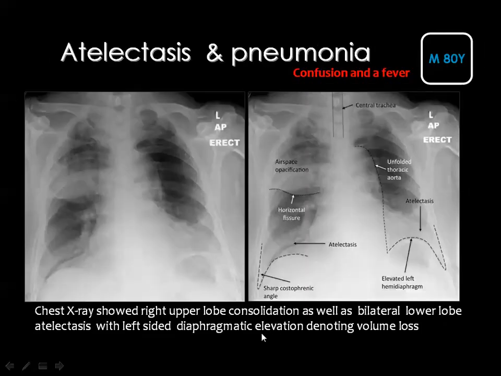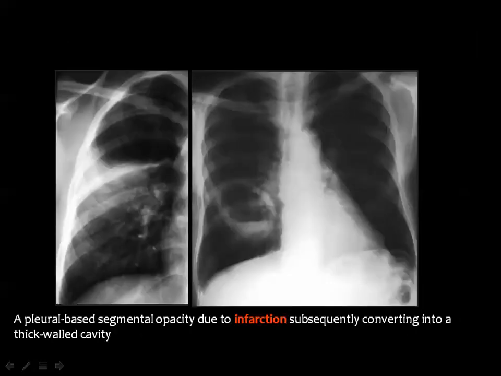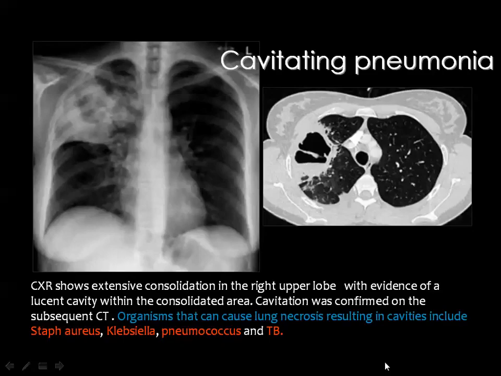And in this patient here is consolidation of the right upper lobe and atelectasis in both lower lobes. On the left side, there is a significant elevation of the diaphragm indicating some loss of volume in this particular case. And this consolidation was proved to be due to a pulmonary infarction, and later on it cavitated, resulting in a lung abscess.